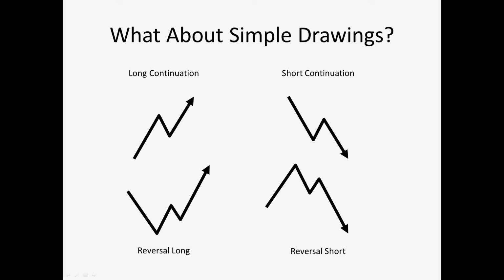And the same for the short reversal. It's just a failure of a long continuation. Price rises, makes a high, pulls back, finds support, comes up, finds resistance below the prior high, and subsequently turns around. So let's see what happens.